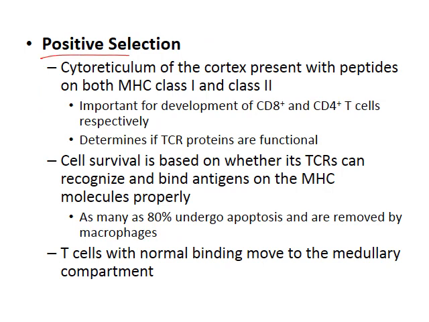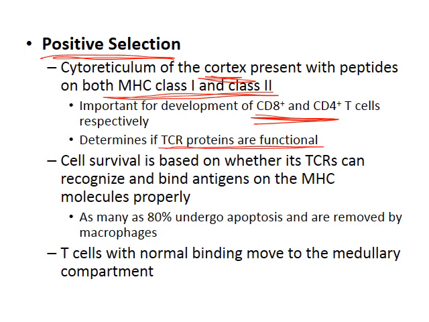So we have positive selection first. The cytoreticulum of the cortex, so we're starting in the cortex, presents peptides on both MHC class 1 and 2. This is important for development of both CD8 and CD4 T cells. Now this is going to determine if our proteins are functional at all.